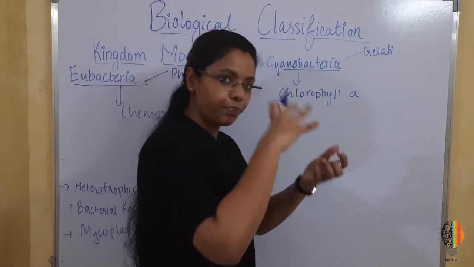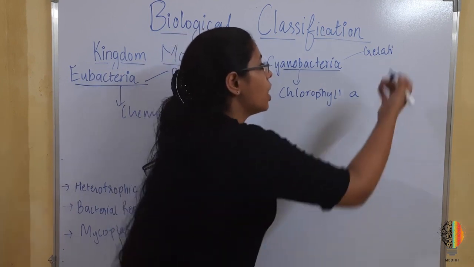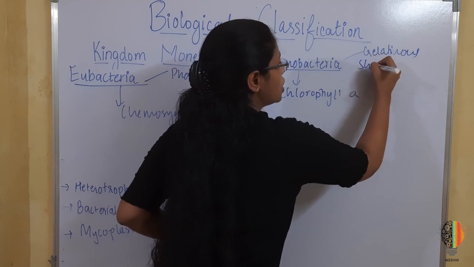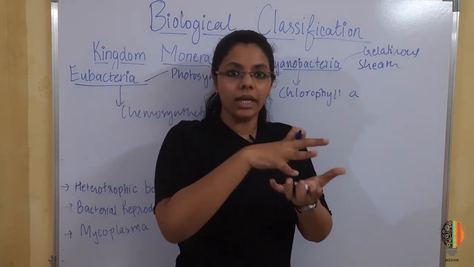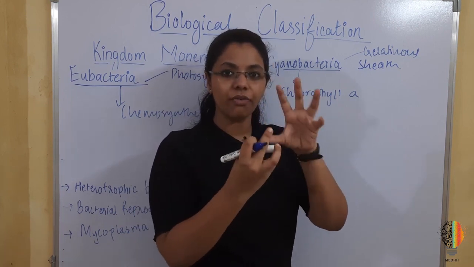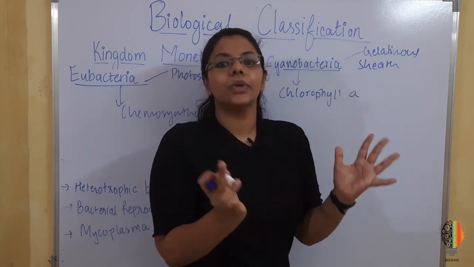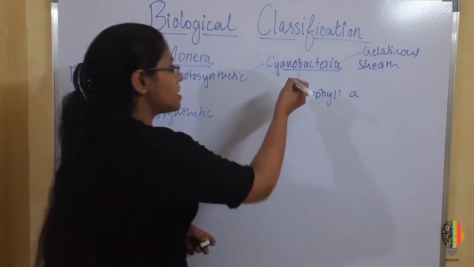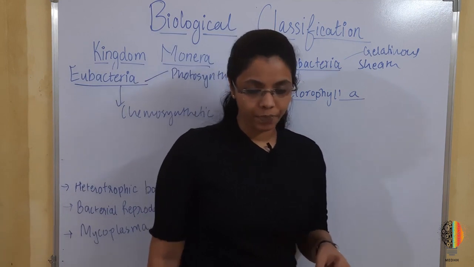So they would be colonial, forming a group, filamentous, having a gelatinous sheath. Sheath means covering, a whole together gelatinous covering. That's why it has an appearance of a very jelly-like structure because of the covering. Basically, it's a kind of protective covering around them all together in a colonial form. So the cyanobacteria show the presence of chlorophyll A.